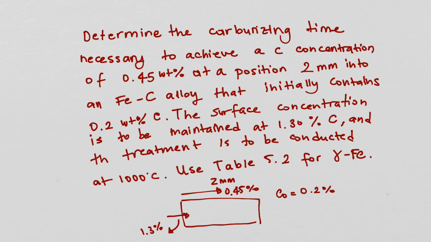And the temperature is given, 1000, and that's it. And of course you understand this is a Fick's second law problem. There is time, and therefore all we have to do is look at our equation, plug in the numbers, be careful with the units, and then calculate the time. That's it, because the time is in the equation, so we can calculate it directly from Fick's second law equation.